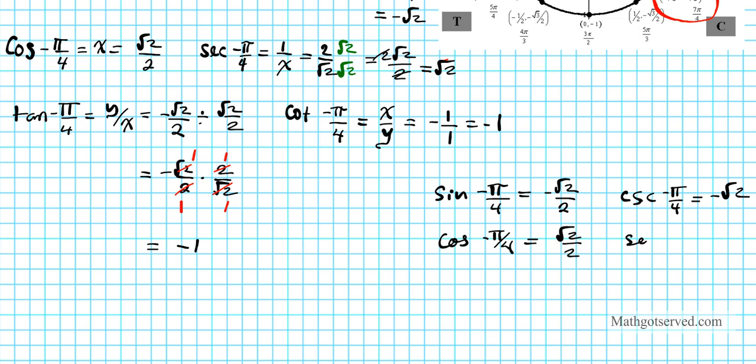Secant of negative pi over 4 equals root 2. Tan of negative pi over 4 is negative 1. And cotangent of negative pi over 4 is negative 1 also. Okay? So there goes all your 6 trig ratios.